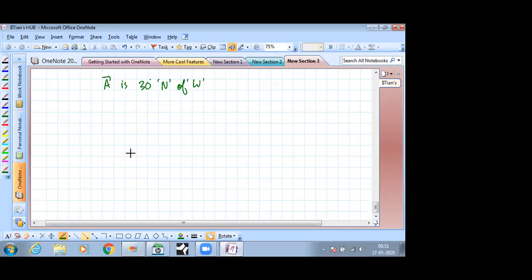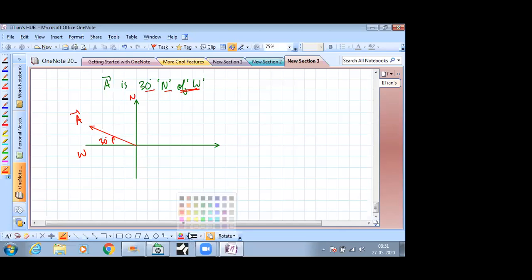Then how that vector looks in the geographical sense, it will look like this, pointing like this, where this angle is 30. Because from west, you're going towards north, 30 degrees north of west. So it will be like this.